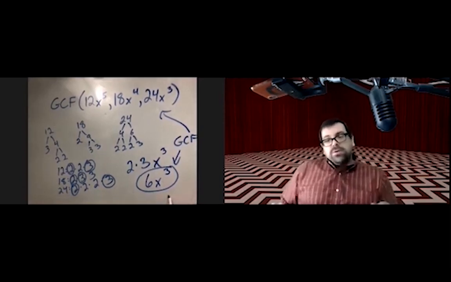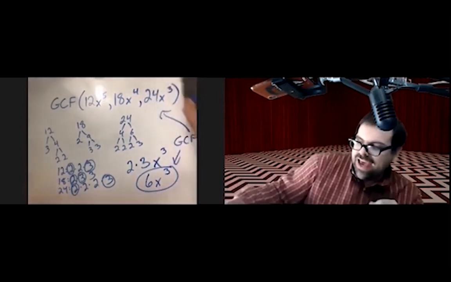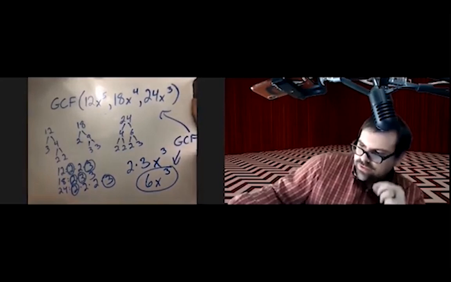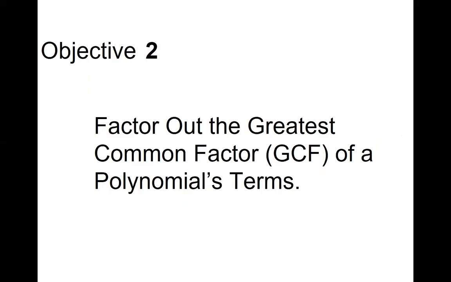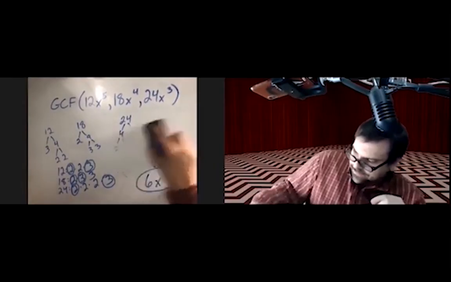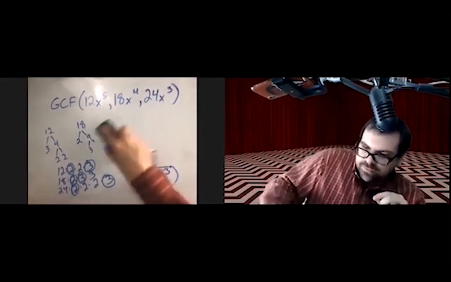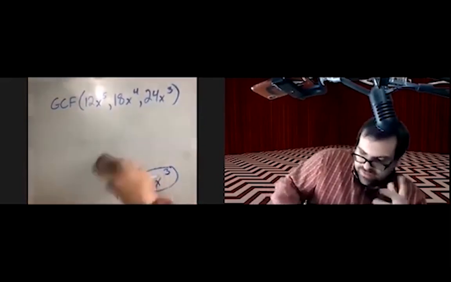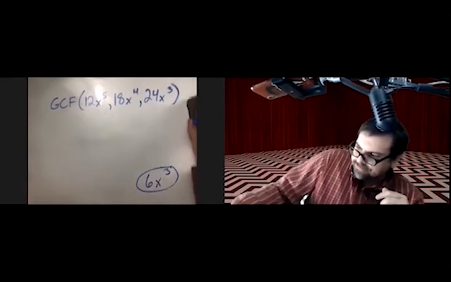What we're going to do now is a process called factoring out the greatest common factor. The second objective in this topic: factor out the greatest common factor of a polynomial's terms. First step, of course, would be to find the greatest common factor, which we just did.